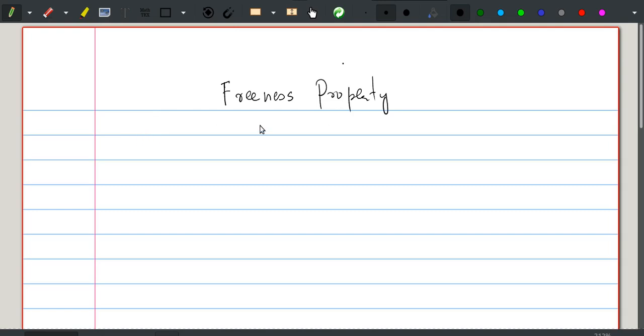We begin this lecture with the following corollary, and in this lecture we are going to introduce the freeness property of free abelian groups.